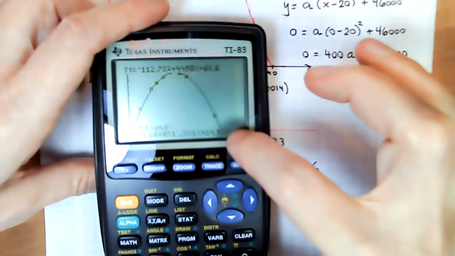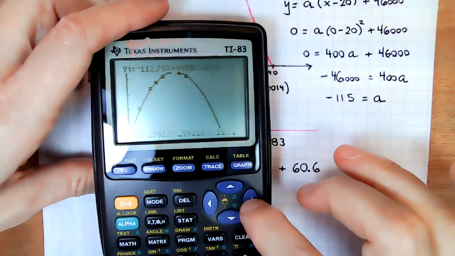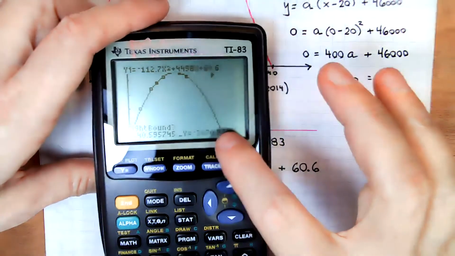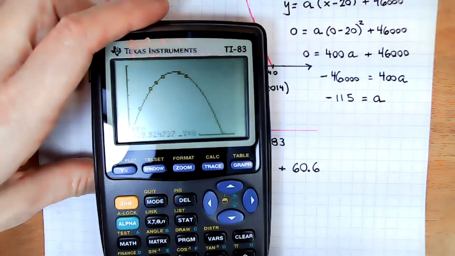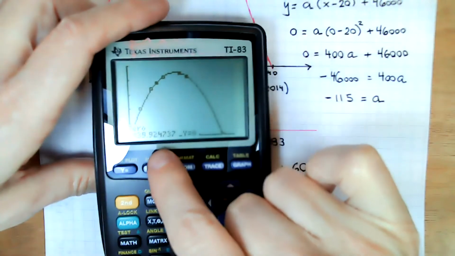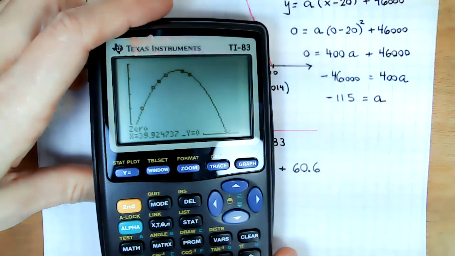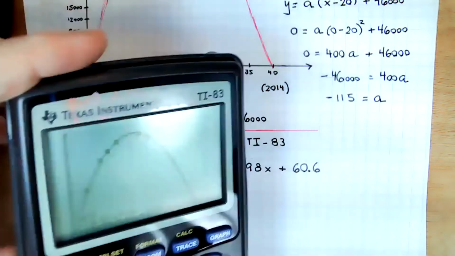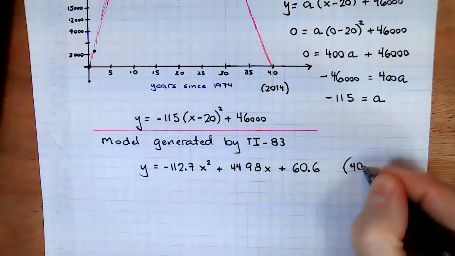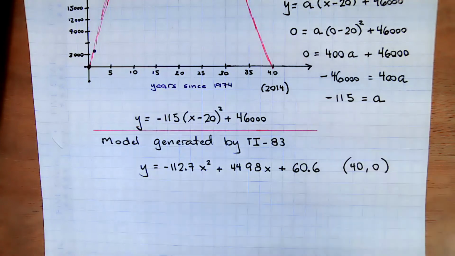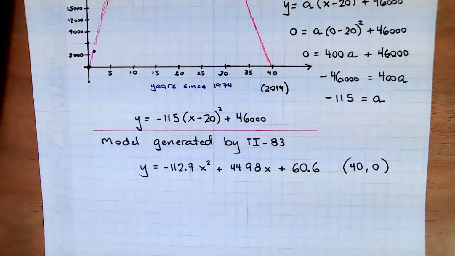So I'm going to pick one where the y value is positive, hit enter, and keep going until the y value is negative, and hit enter, and then guess. I always just hit enter again. And it gives me 39.9, or approximately the same result we had for the other. So x is equal to 40. The number of sales will be 0. So again, we got 2014.